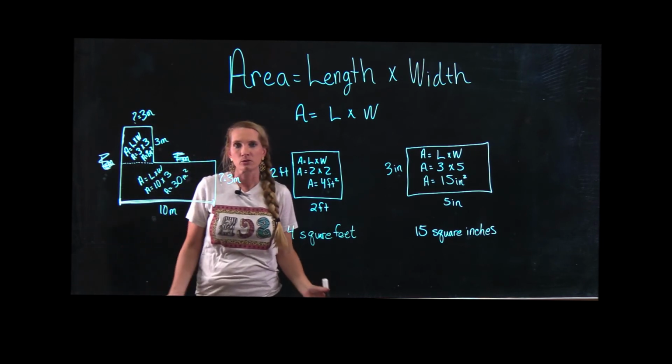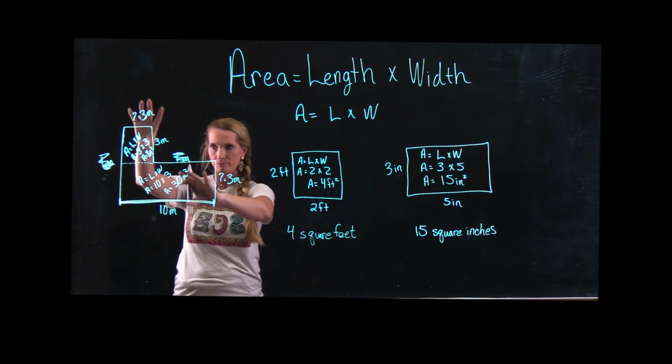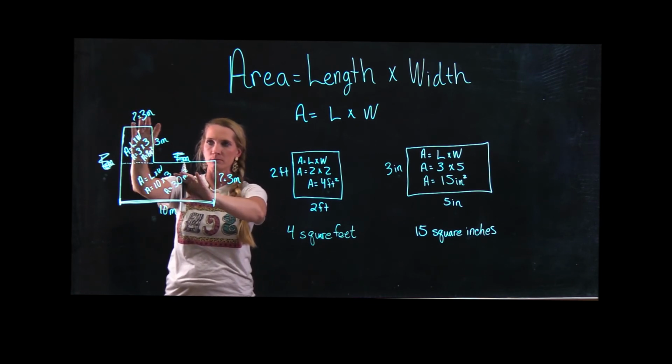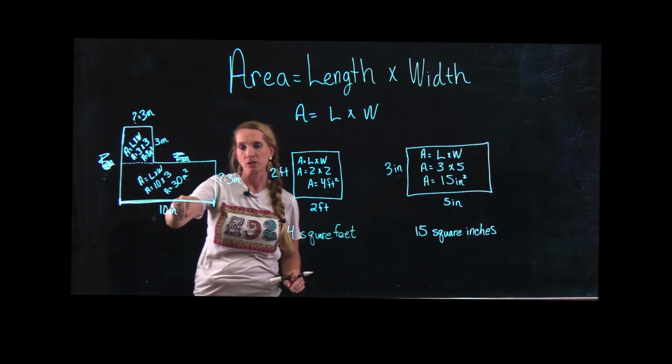So now I've got the 2 areas of the different shapes here. Say this is my closet and this is my bedroom. I'm going to have to add those 2 together.